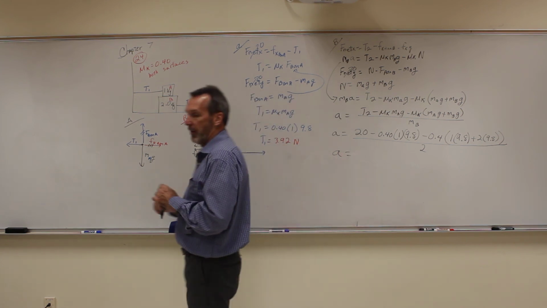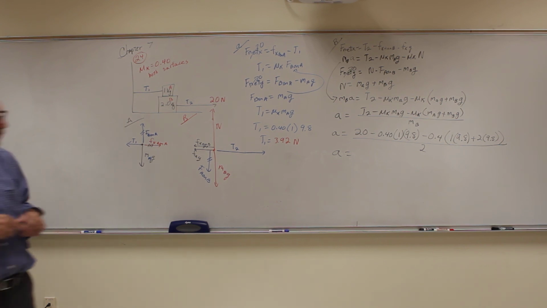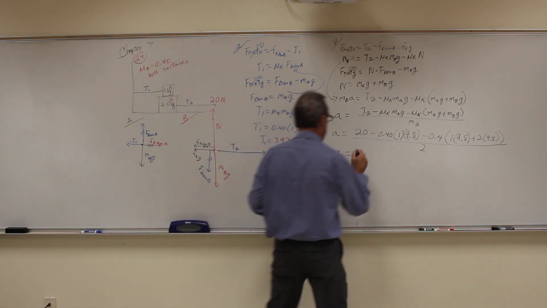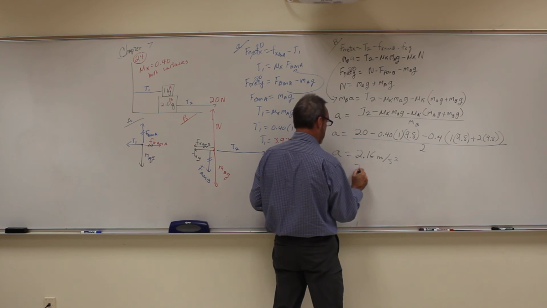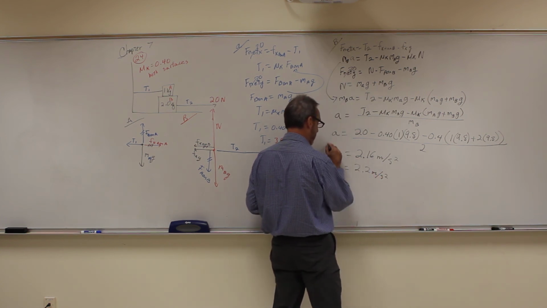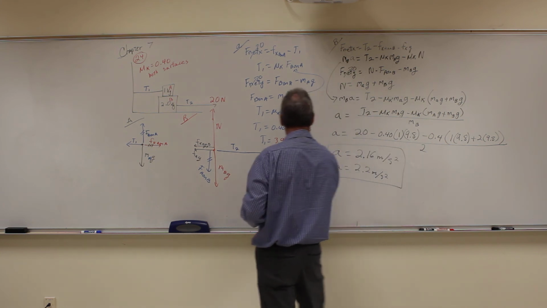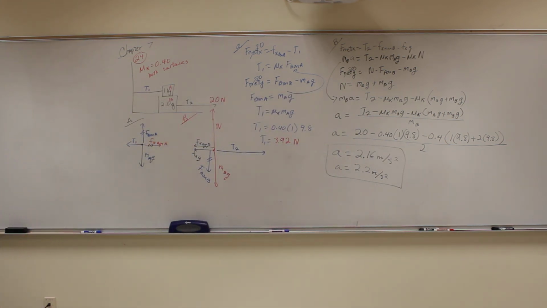And when you plug all that in your calculator, you get A is equal to 2.16 meters per second squared. Or 2.2 meters per second squared because we only have 2 sig figs. And that's how you do number 24.